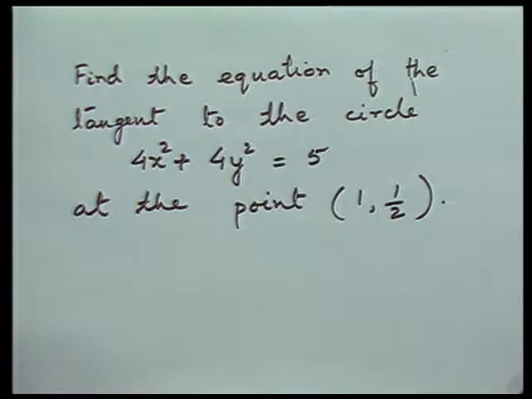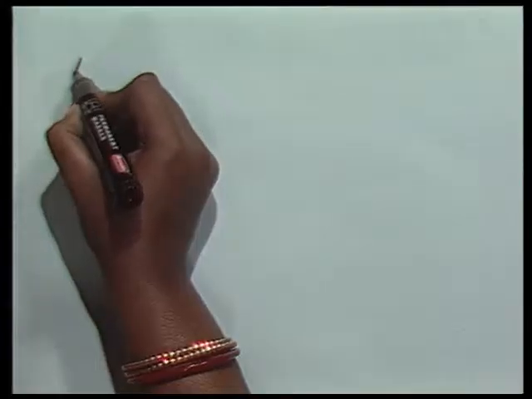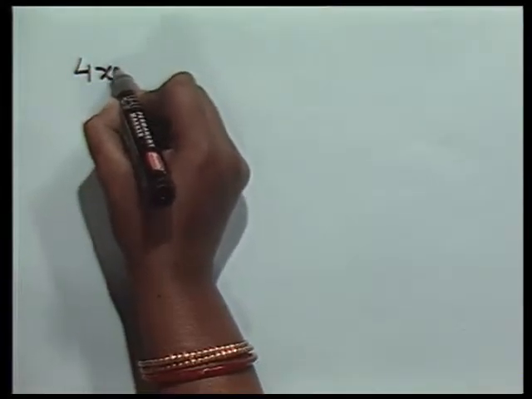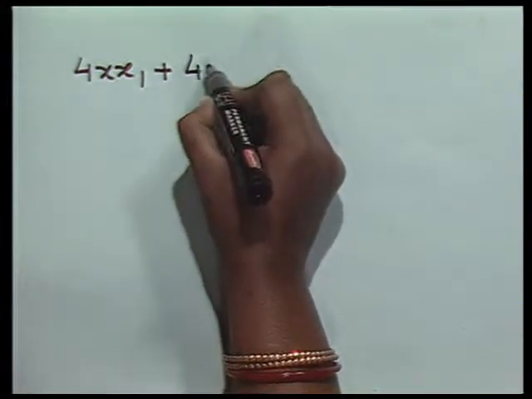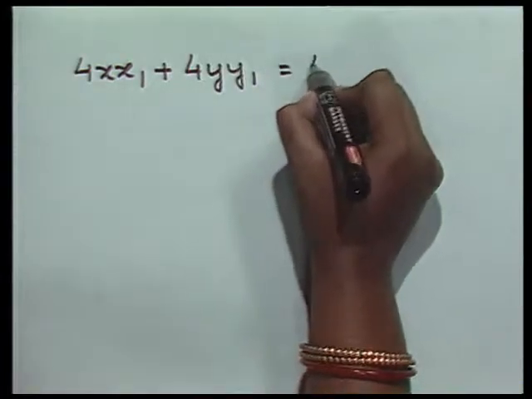Find the equation of the tangent to the circle 4x square plus 4y square is equal to 5 at the point (1, 1/2). Ma'am, here again we will replace x square by x x1 and y square by y y1, so we get 4x x1 plus 4y y1 is equal to 5.